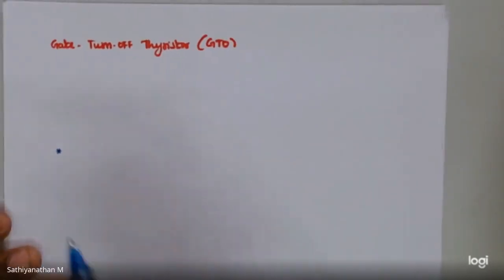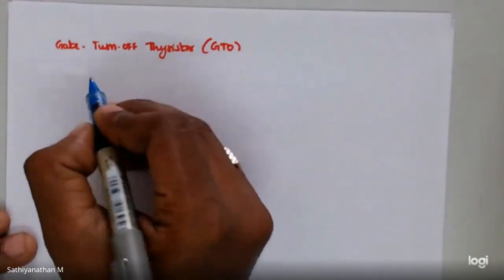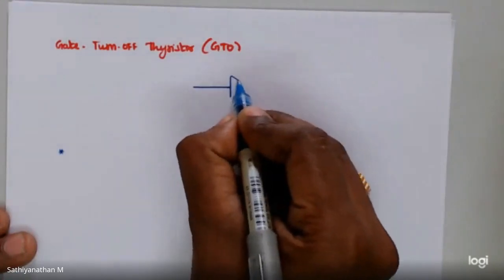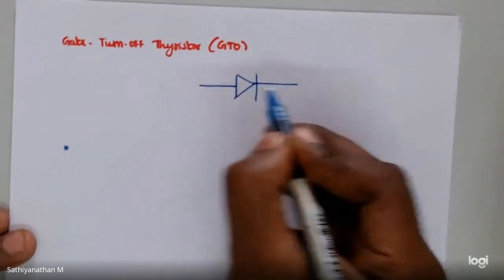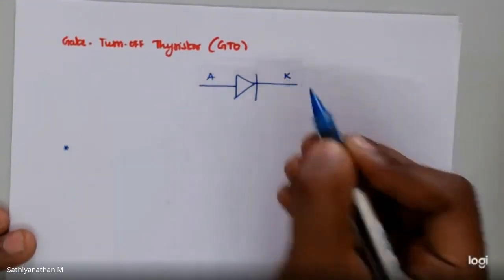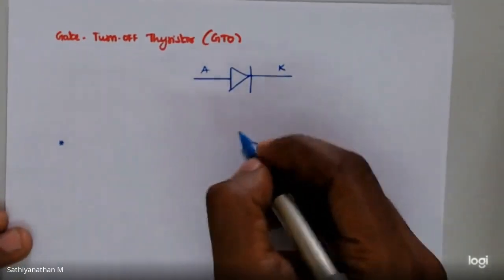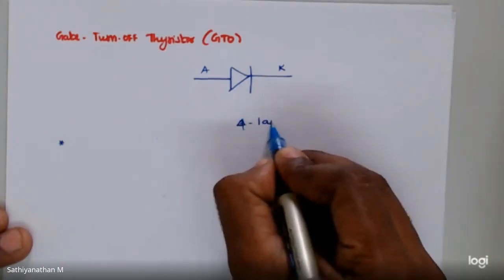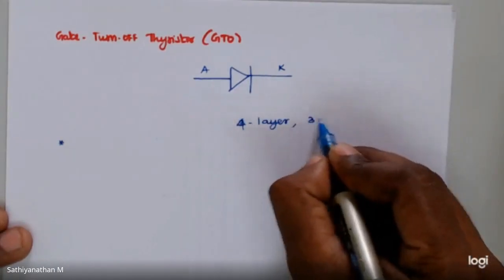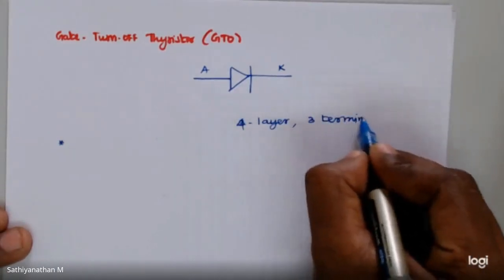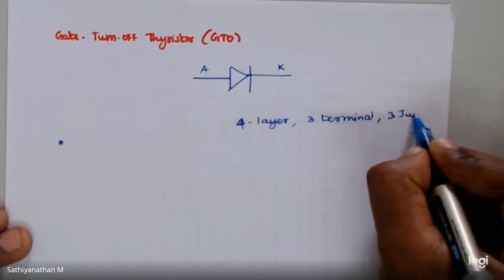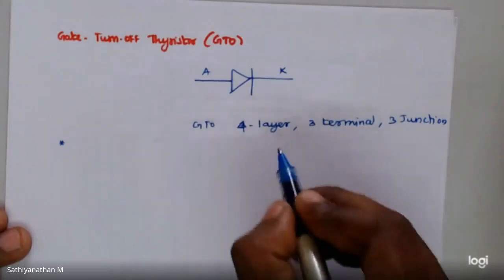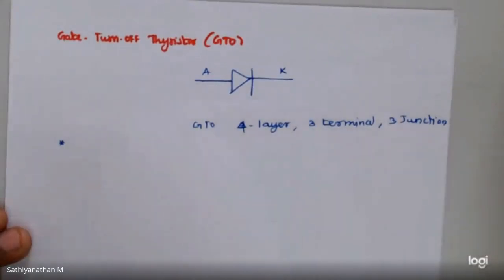So gate turn off thyristor. You may know the symbol of a thyristor, right? This is the anode and cathode. A thyristor is a 4-layer, 3-terminal and 3-junction device, right? Similarly, GTO is also a 4-layer, 3-terminal, 3-junction device.